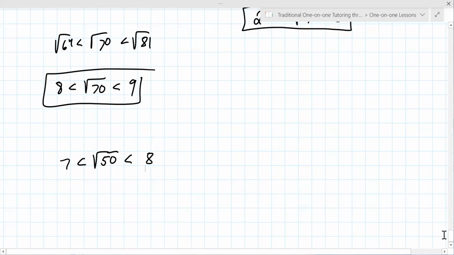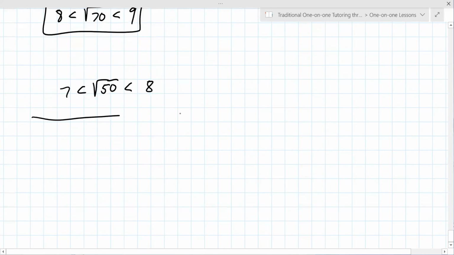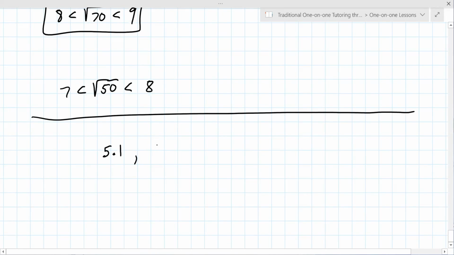Now let's do a little bit of ordering here with numbers. So let's say you've got 5.1, the square root of 48, and 5.1 repeating. Let's just do those three.